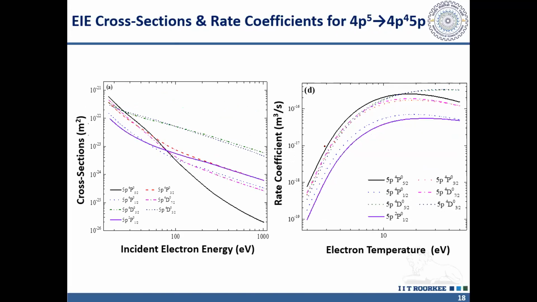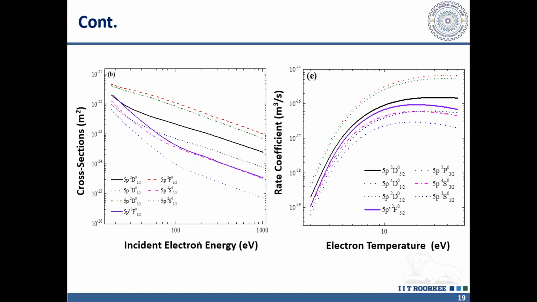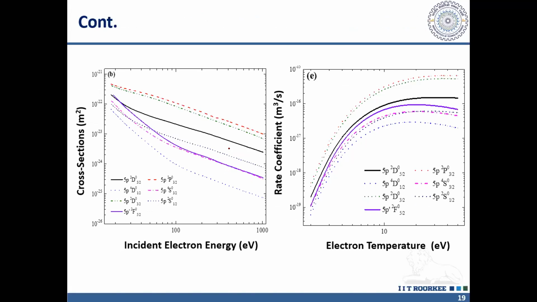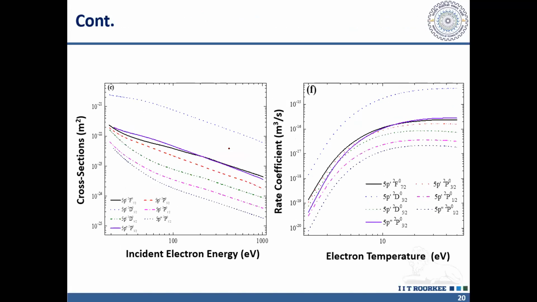This is because this is a parity forbidden transition, and both the ground and excited state have the same parity, that is odd parity, and in this type of transition, the cross section decreases very fast as the incident electron energy increases. And this excitation has 21 fine structure transitions. So these are the results for these excitations.